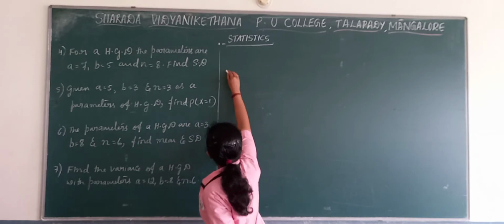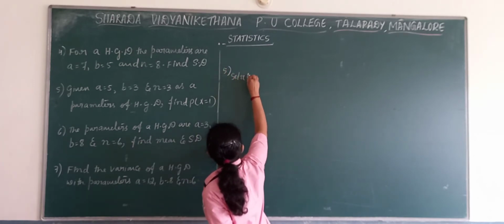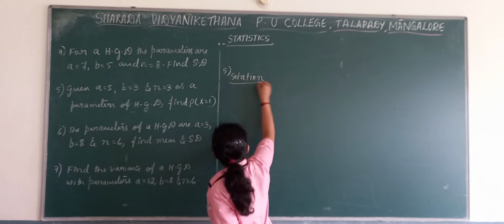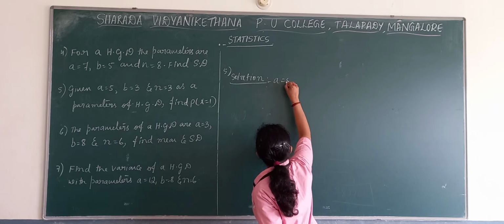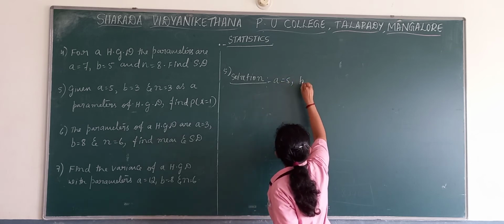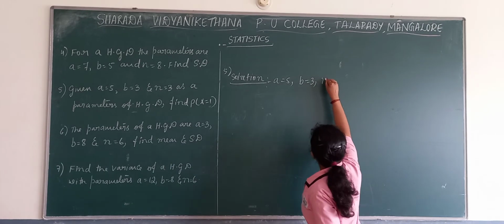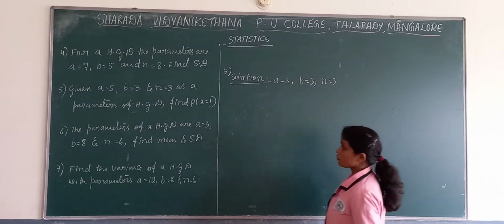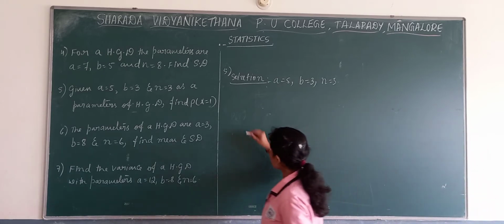Now here also, for the fifth question, write the solution. The value of a is 5 and b is 3 and n is equal to 3. But we need to find P of 1, so we need to write the probability mass function.